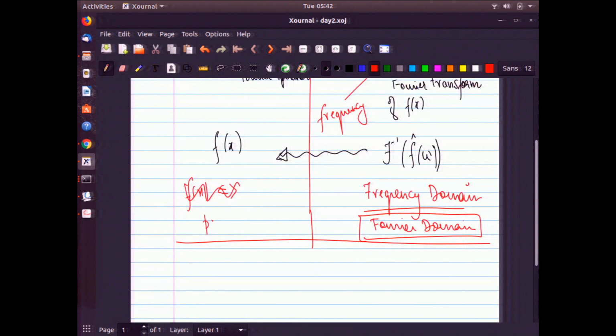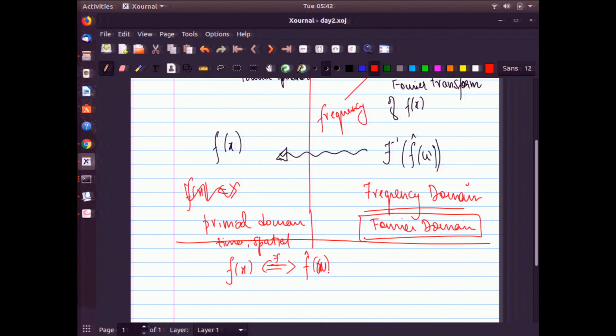This is often called the primal domain more generally, but specifically people may call it either time domain if you're working with time, or spatial domain if you're working with space. Okay, now, the way people usually write this is like this. You might have seen this, right?